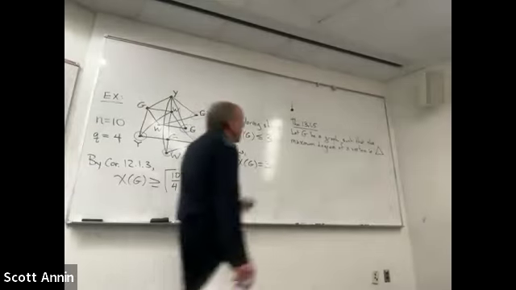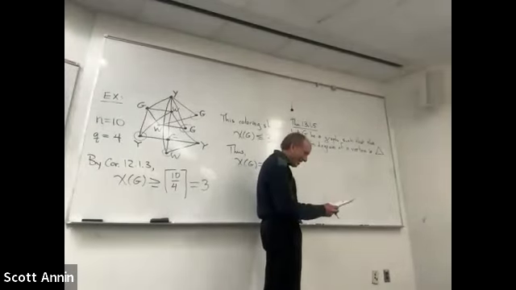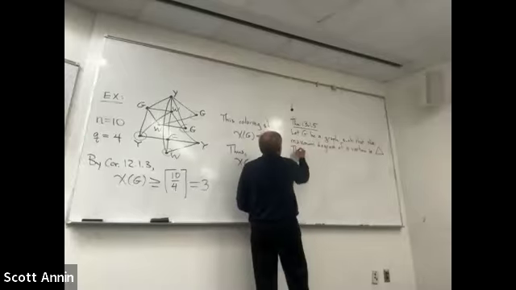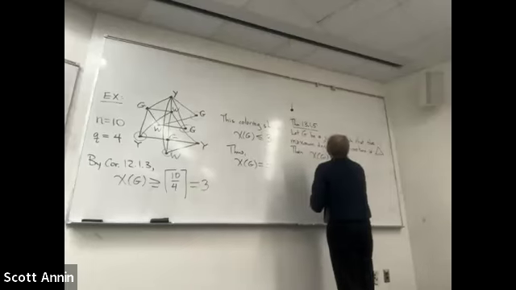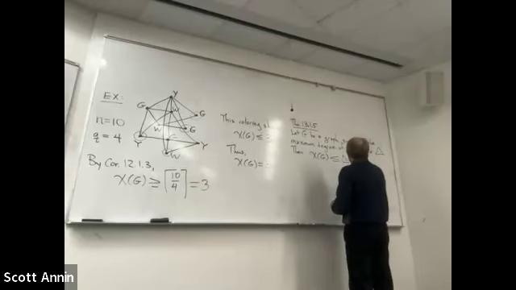So suppose that the maximum degree of a vertex is delta, then the chromatic number of this graph is at most delta plus 1.